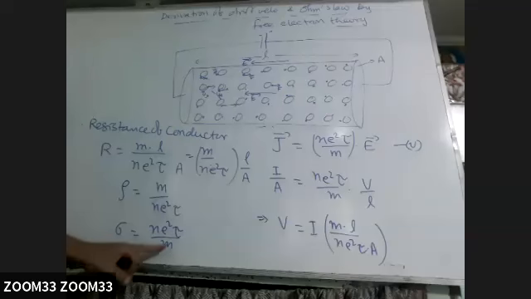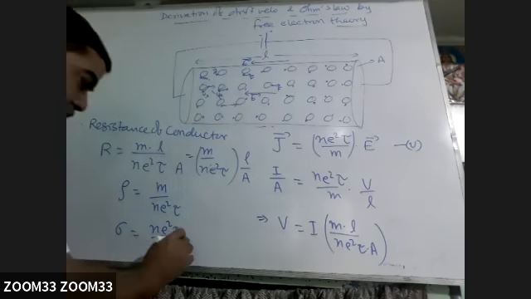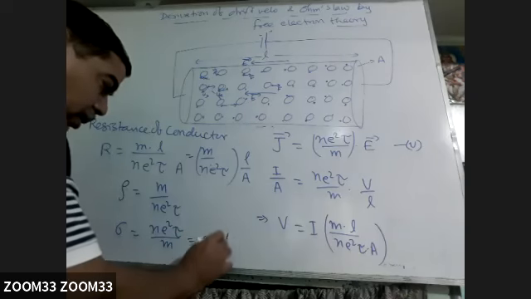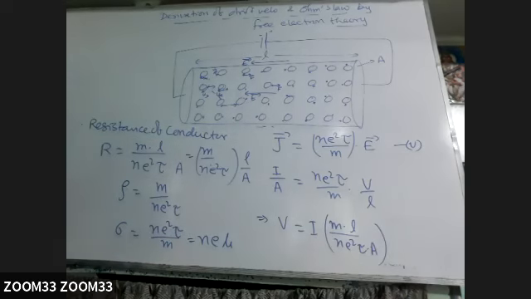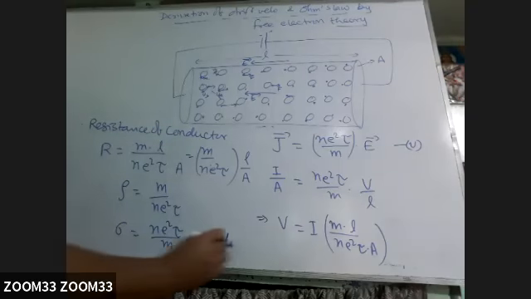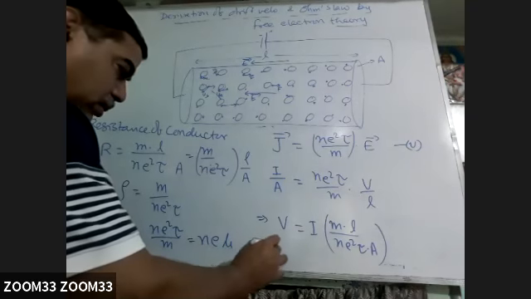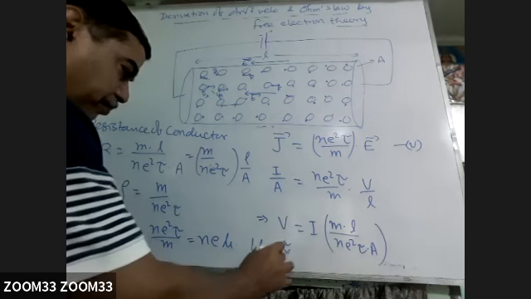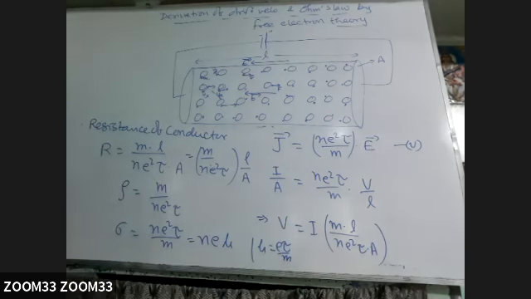And e tau over m is mobility, so this can be n e mu. And you know, mu is e tau over m, mobility.